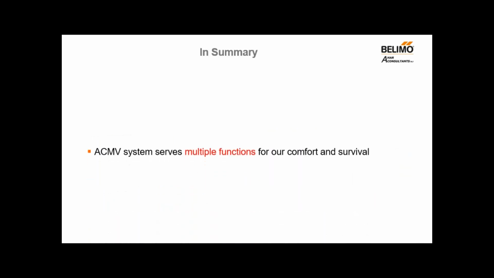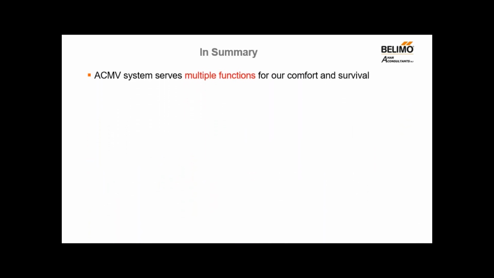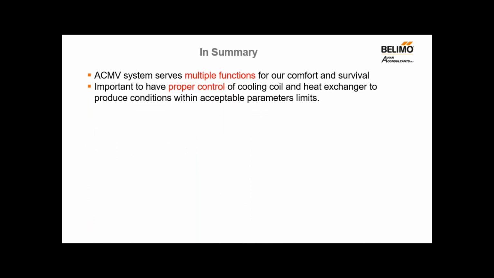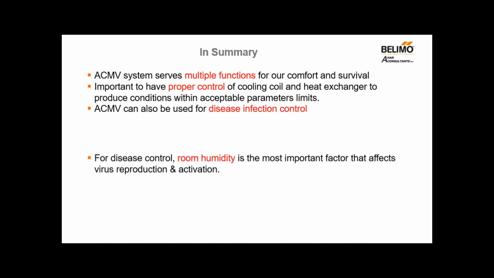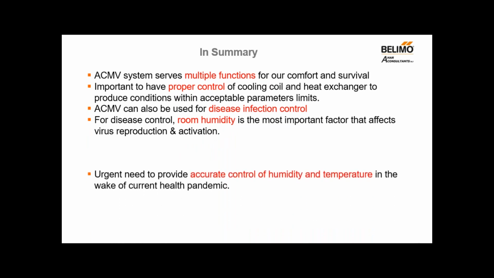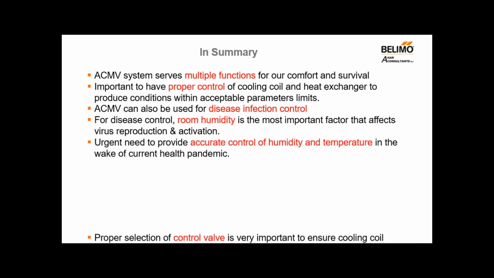So, in summary, air conditioning and mechanical ventilation system serves multiple functions for our comfort and survival. It is important to have proper control of cooling coil and heat exchanger to produce conditions within acceptable parameter limits.